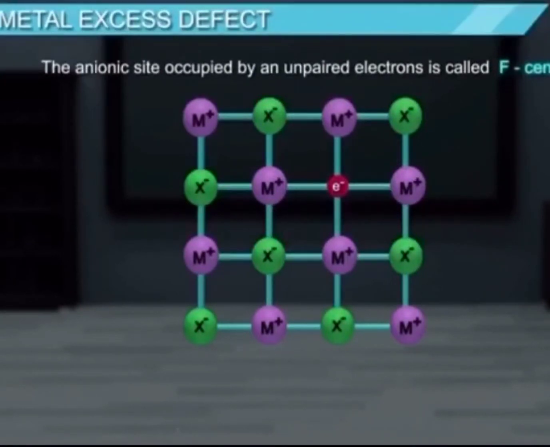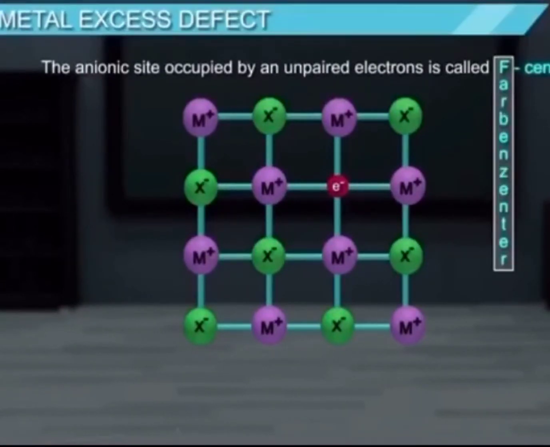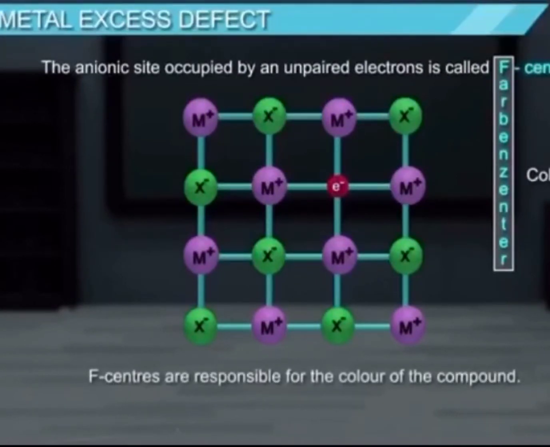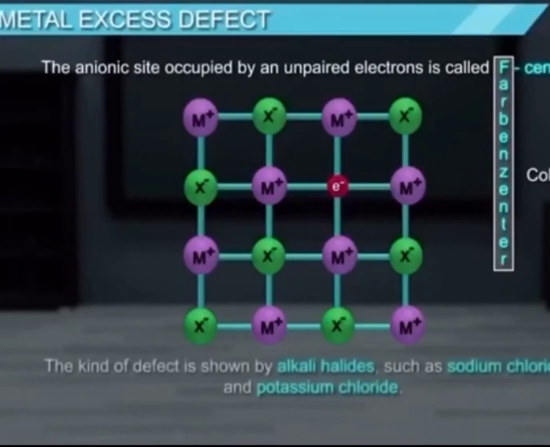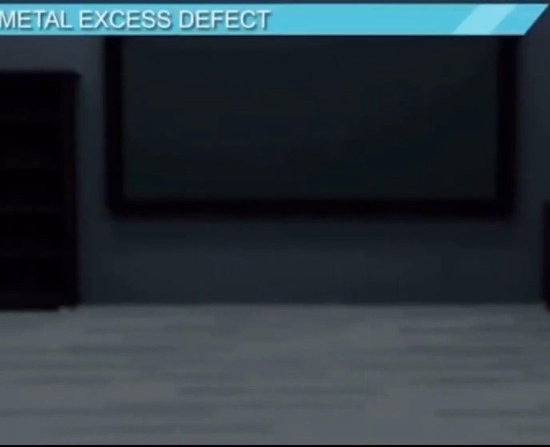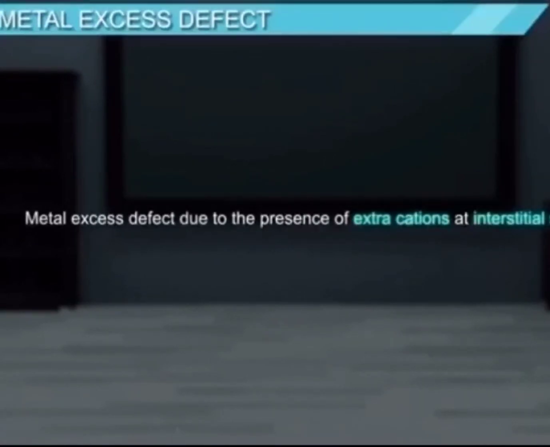The letter F comes from a German word Farbenzentrum, which means color. If the concentration of F-centers in any crystal is high, then the colorless crystal develops color. This kind of defect is shown by alkali halides such as sodium chloride, potassium chloride, etc.